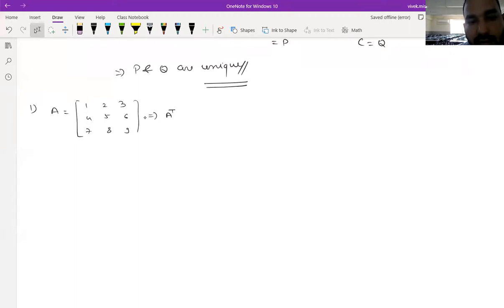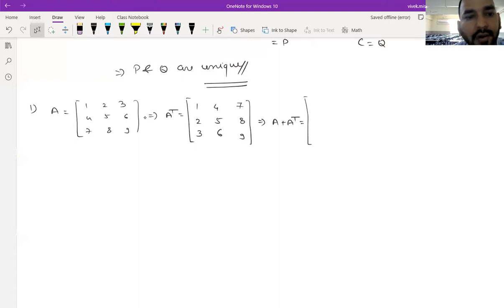So A transpose is 1, 4, 7, 2, 5, 8, 3, 6, 9. Now if I do A plus A transpose and start adding, I will get 2, 6, 10, 6, 10, 14, 10, 14, 18.